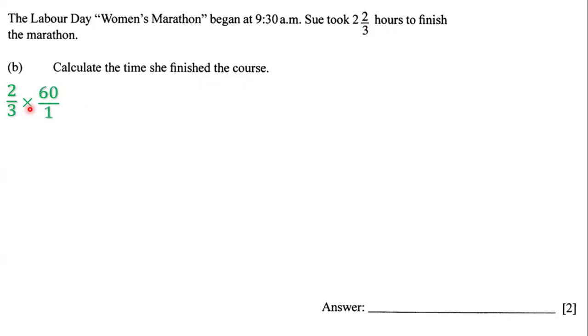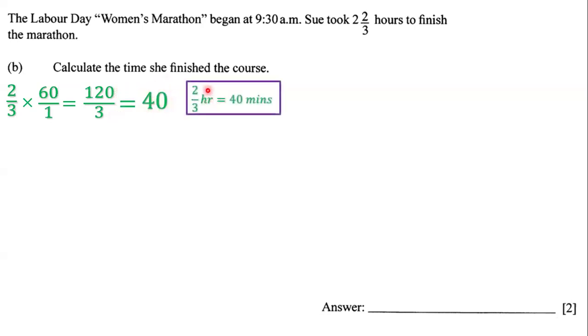So we have 2 times 60, which gives us 120, and 3 times 1, which gives us 3. So 120 divided by 3 gives us 40. And so 2/3 of an hour is actually 40 minutes, and we got that by multiplying 2/3 by 60.